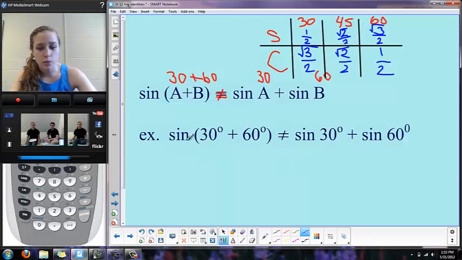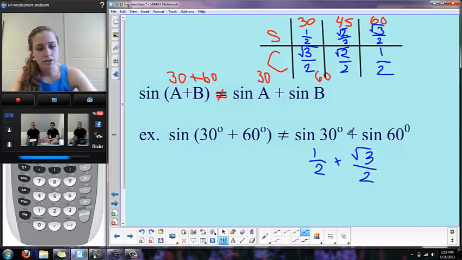Okay, so what is the sine of 30 degrees? Sine of 30 degrees is 1/2, and sine of 60 degrees is radical 3 over 2.